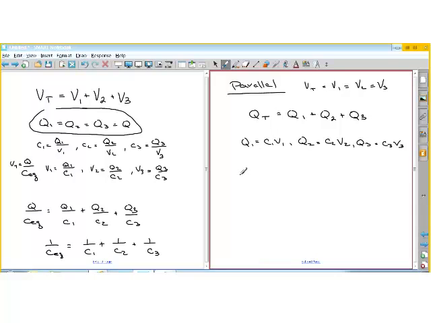So we can make these substitutions. We can say Q total, which would be C equivalent times the voltage total, is equal to Q1, which is C1V1, plus Q2, which is C2V2, and so on. But because Vt is equal to V1 is equal to V2 is equal to V3, they all cancel out. And so for capacitors in parallel, you just add the capacitance values.